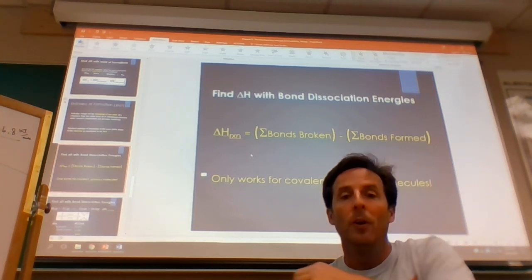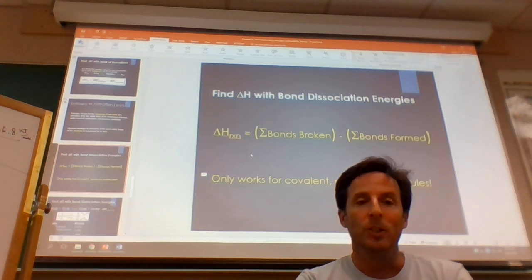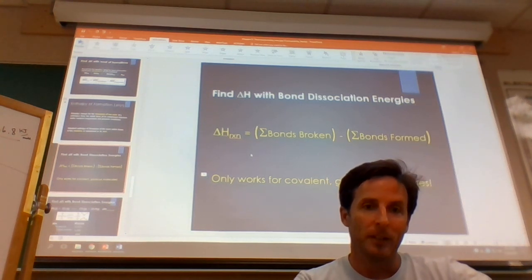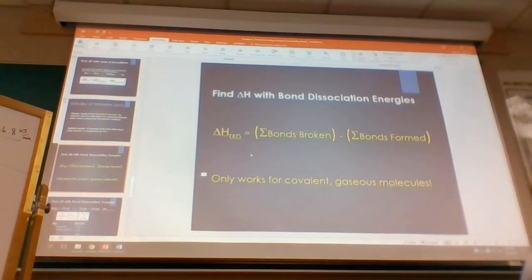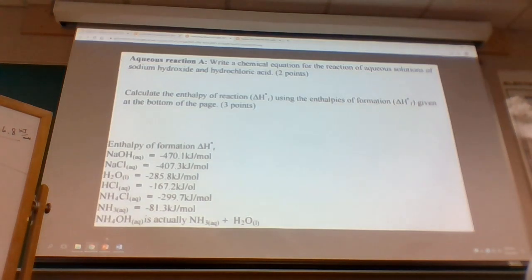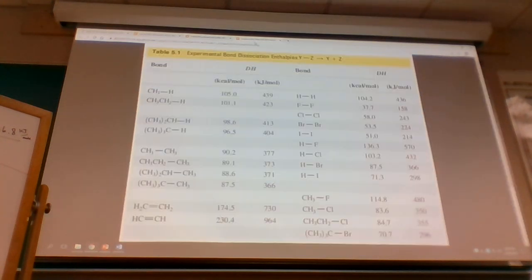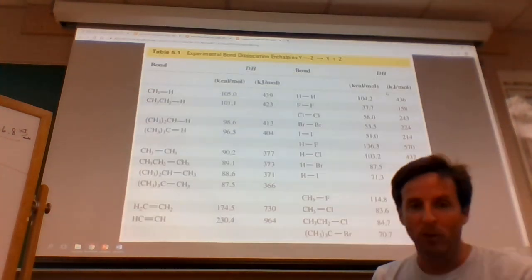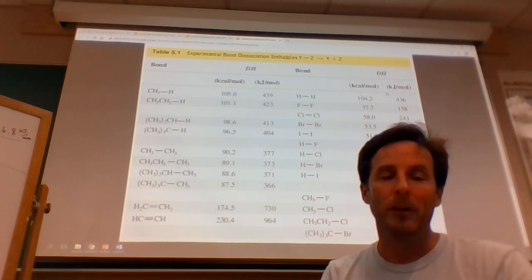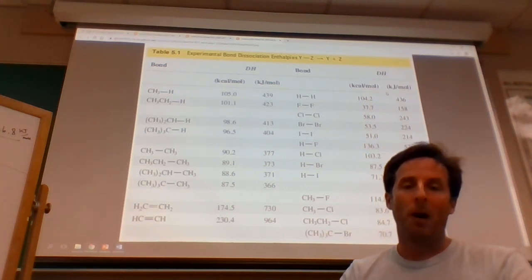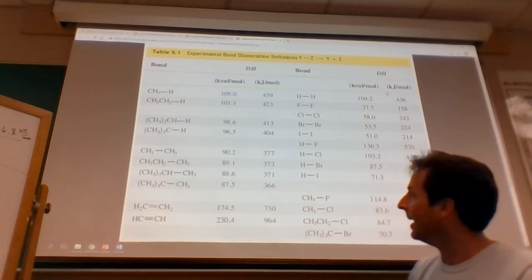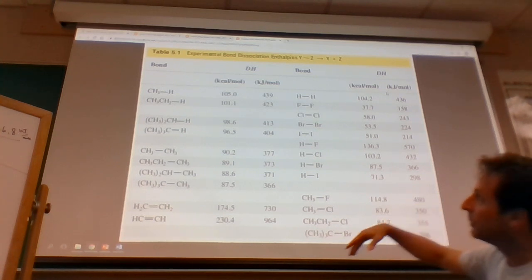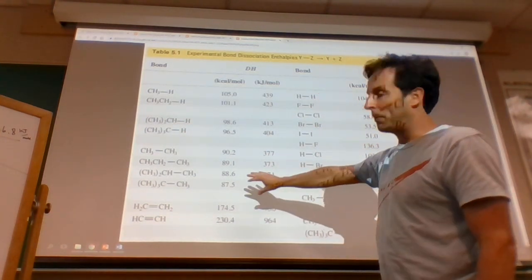Now, when you work a problem like this, you will have to look at chapter 8 to find the information you need. So again, I have a tab pulled up. You're going to look up in chapter 8, or just look in the appendix at the back of the book. The table is called bond dissociation energies, or bond dissociation enthalpies. Essentially the table is usually broken into single bonds, double bonds, and triple bonds.